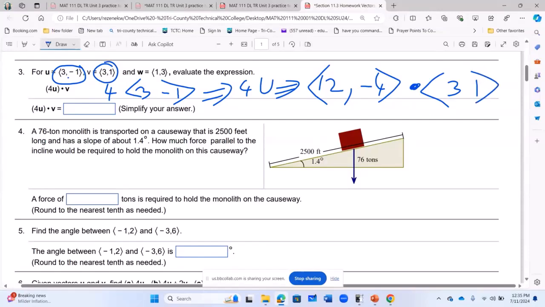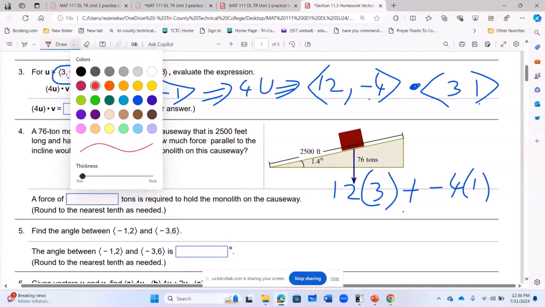Okay, so the dot product is a scalar. In other words, it's just a quantity. 12 multiplied by 3, plus -4 multiplied by 1. You see, I'm adding them. So whenever I'm doing a dot product, it's ordinary multiplication.